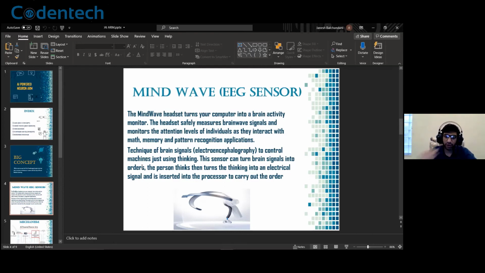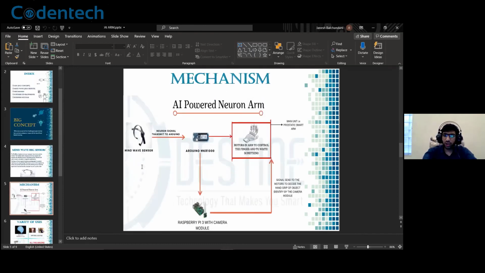In a similar way, I am using a mind wave sensor or EEG sensor, electroencephalography. It reads the signal from the brain and gives it to the machine for processing. This is how the mechanism of the machine works.